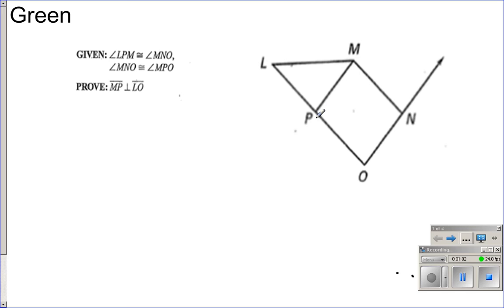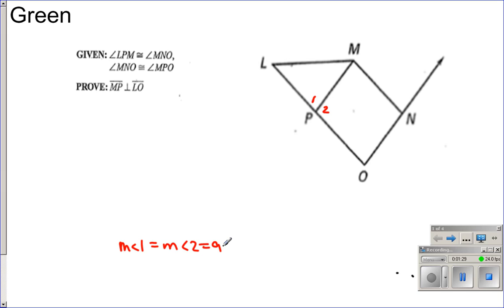So we should ask ourselves, well, how do I know angles are right? Well, it has to do with measurement. If I can show that the angle here, which I will now call 1, and the angle which I will now call 2 are both 90-degree angles, that means they're both right angles and therefore perpendicular. So that gives me a clear sense of what I have to do. I really need to end up showing that the measurement of angle 1 is the same as the measurement of angle 2, and they're both equal to 90.